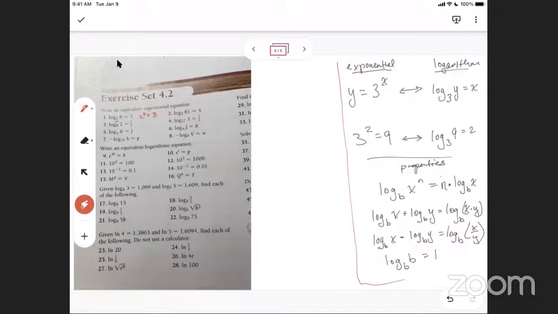So look at the little trick here, look back to the right again. What do you do to go from log to exponent? You start at the base and you go to the right. 3 to the x equals y. Oh, so 3 to the 4th equals 81. 3 to the 4 equals 81. Perfect. How about number 3?